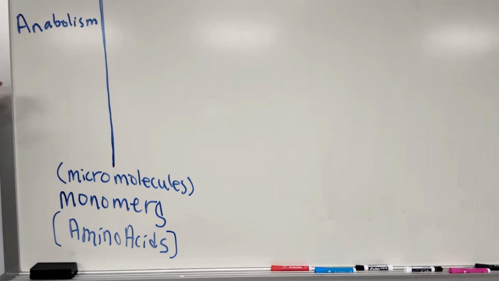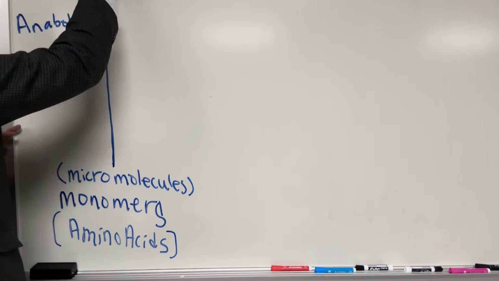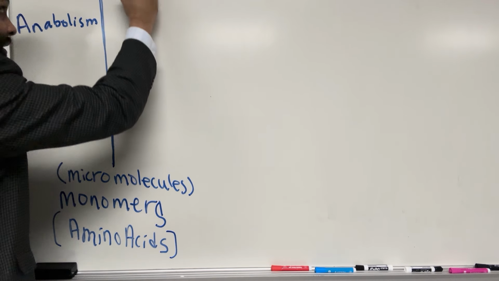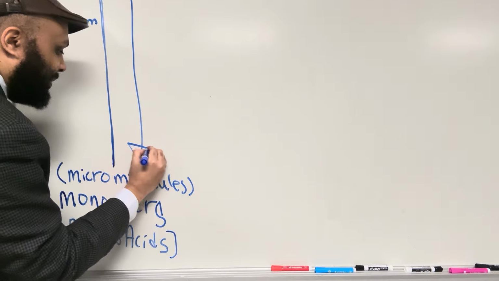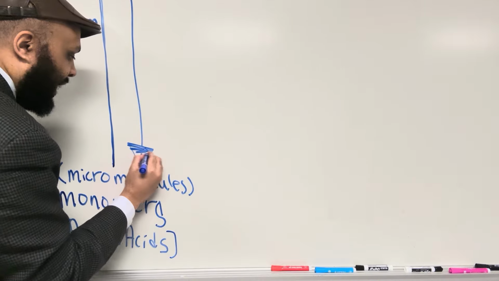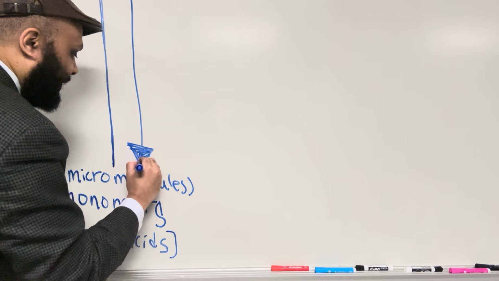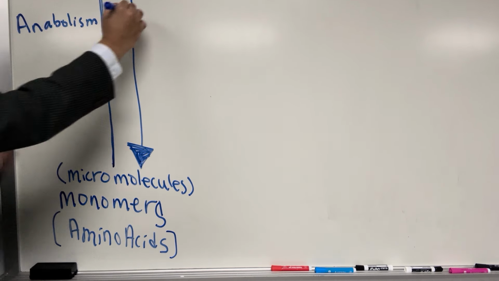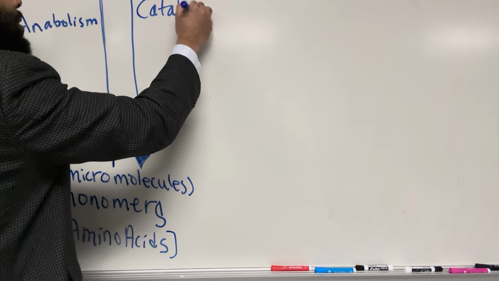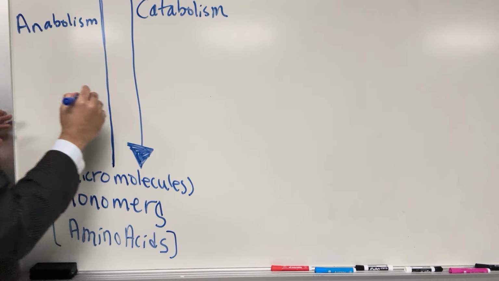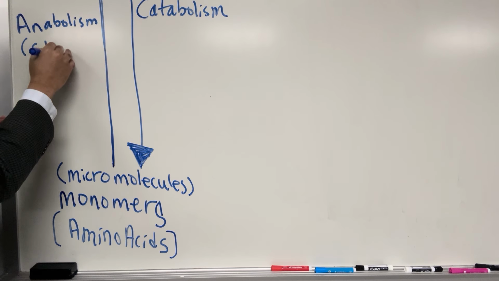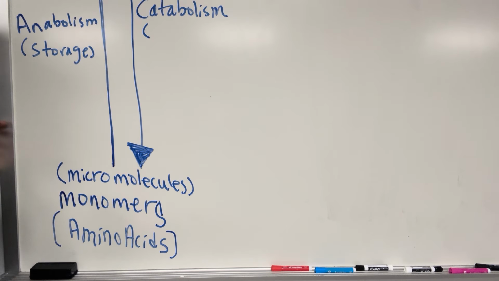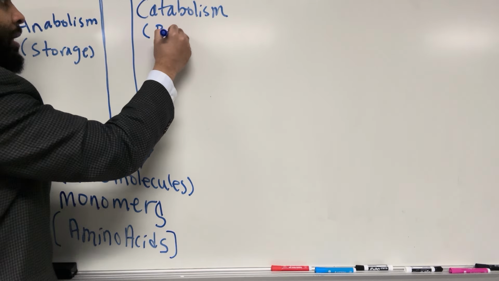Now, this is absolutely not a single direction, it is bidirectional. So now there is another direction coming down from very big molecules into very small molecules. What do we call that? Excellent. So this is catabolism. And catabolism, so if anabolism is for storage, we're storing energy. Catabolism is for breakdown and burning.